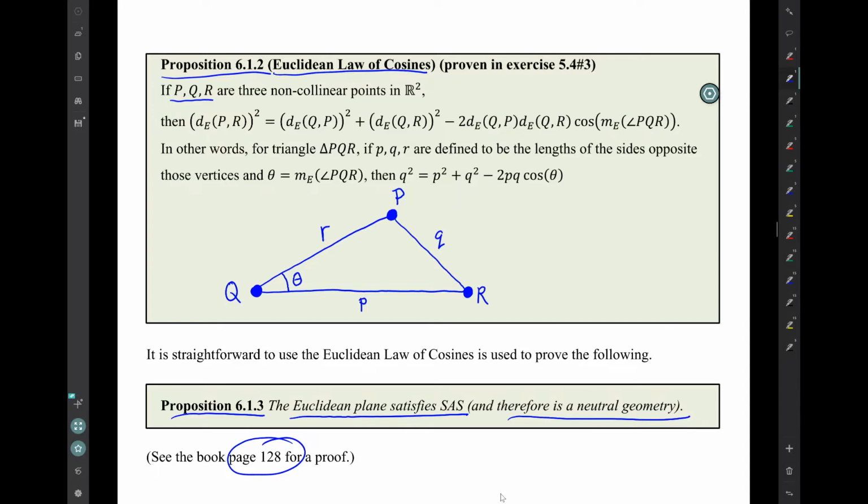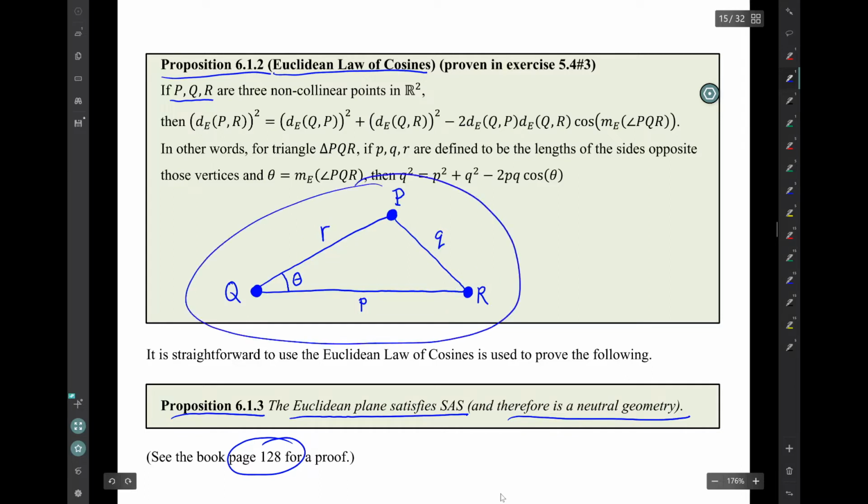If we label the lengths of the sides opposite those vertices with the small letters, so opposite vertex capital P is a side of length small p, opposite vertex capital Q is a side of length small q, and opposite vertex capital R is a side of length small r. So if we have those sides and vertices labeled that way, then an equation is true.